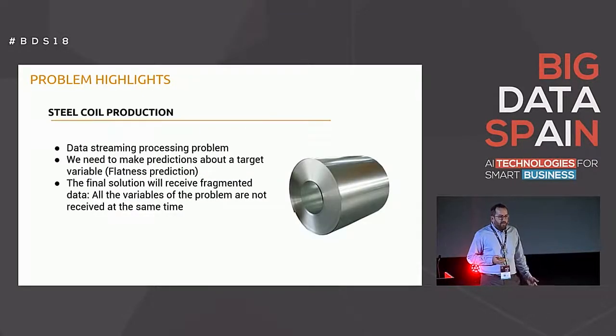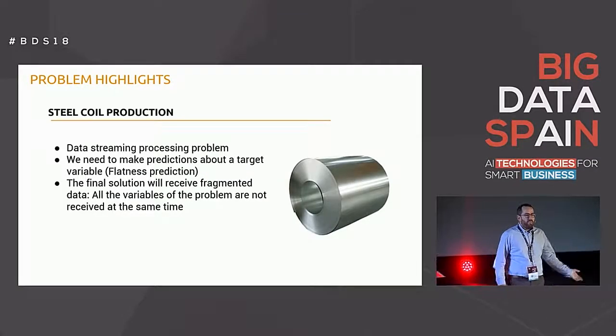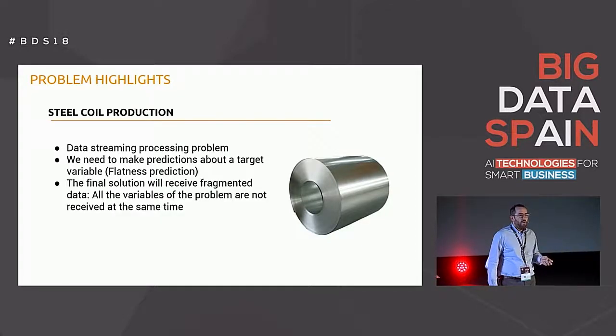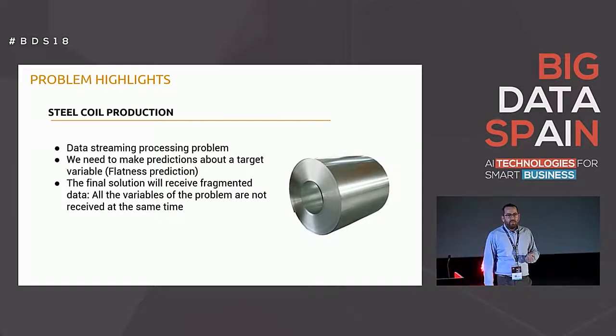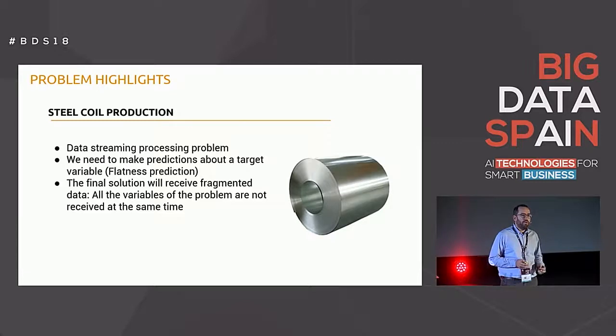The idea of this problem is that we have a data stream processing problem where we receive data from the sensors that is measured during the production of the steel coil, and we have to predict if the final steel coil will be as flat as is needed for the final purpose.